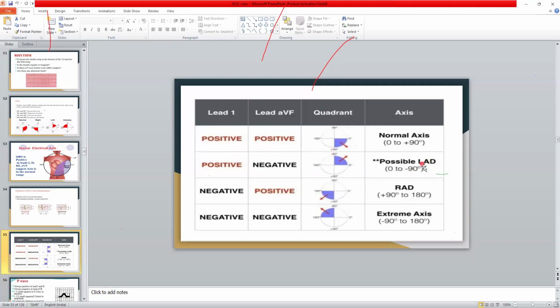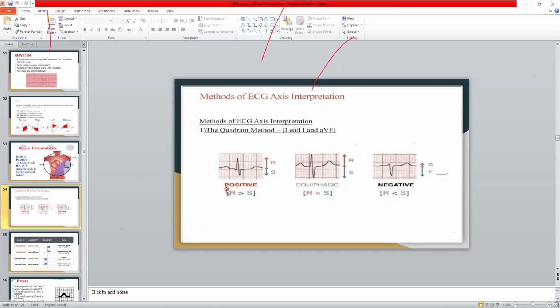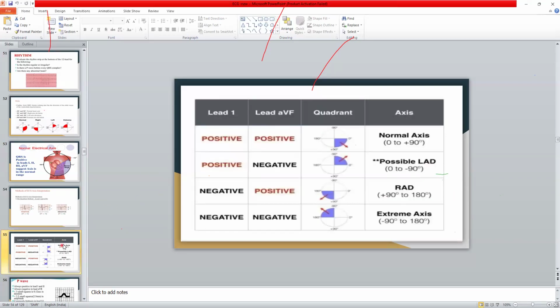In left axis deviation, in lead 1, the R wave is larger than the S wave, but in AVF, the R wave is smaller than the S wave.